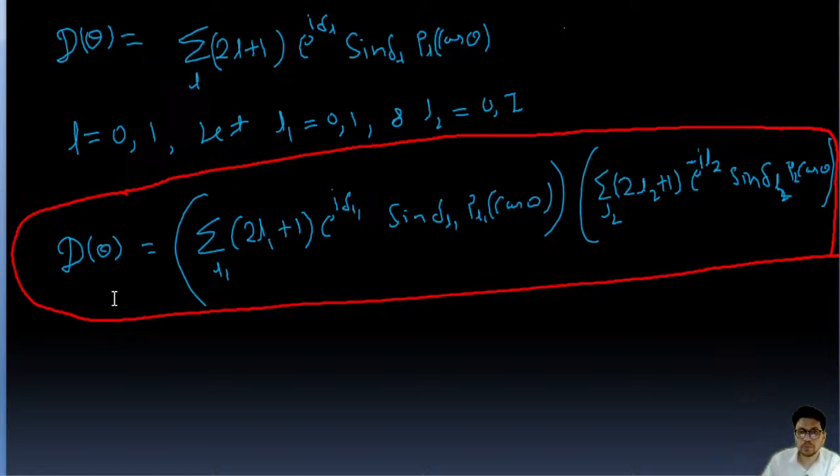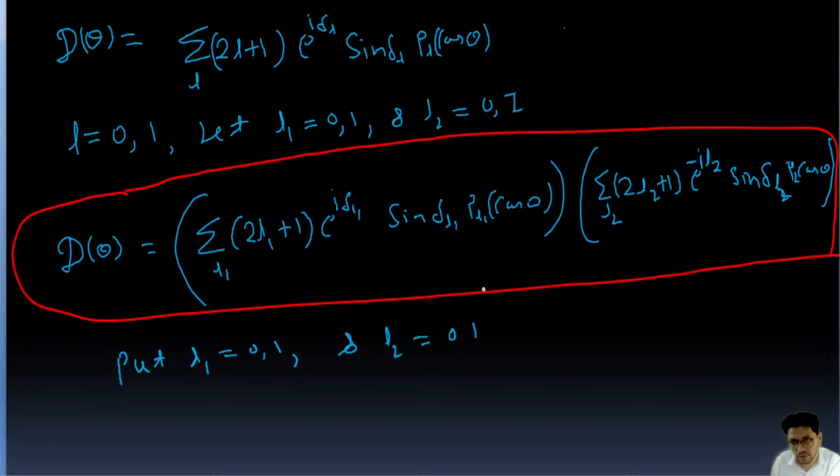Now we will put L1 equal to 0, 1 and L2 equal to 0, 1 in this expression. First we put L1 and L2 equal to 0, 0, then 1, 1, then 0, 1, then 1, 0.